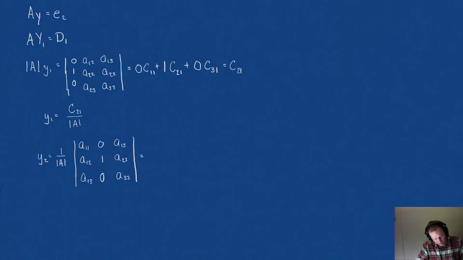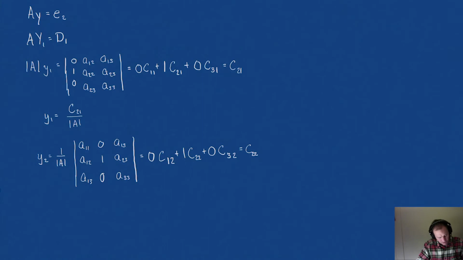So now we would have 0 times the cofactor C12, row 1 column 2, plus we have 1 times the cofactor for 2, plus 0 times the cofactor for row 3 column 2. And that is just C22.